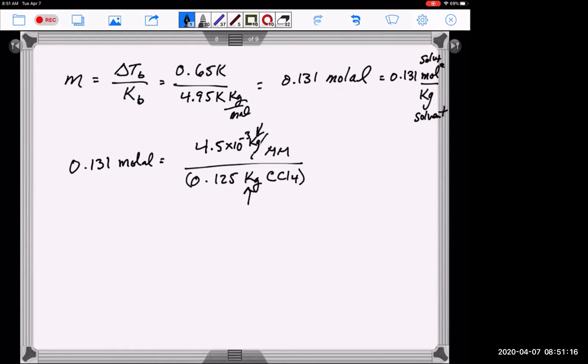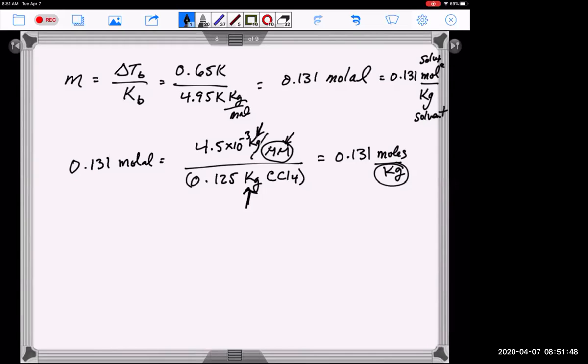It's not true, because this is 0.131, this is going to be moles per kilogram. So this kilogram down here is what needs to connect to that kilogram. The unit up here in the numerator is only going to define the mass unit for molecular mass. But I think good practice suggests that we should keep everything in the same unit.